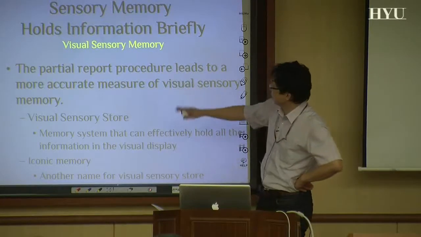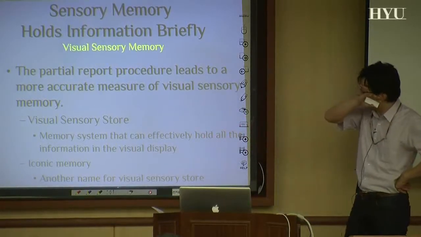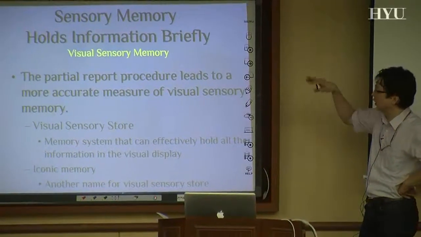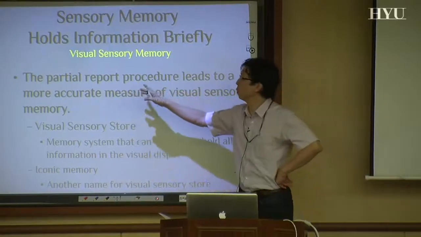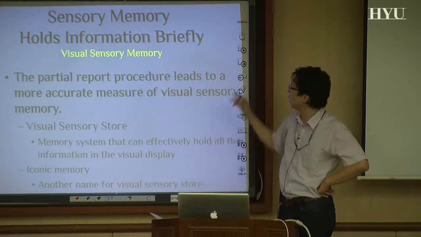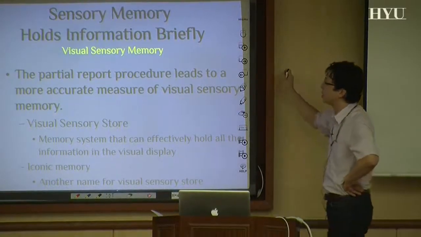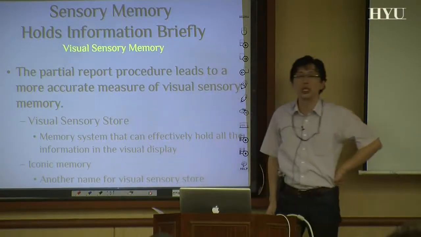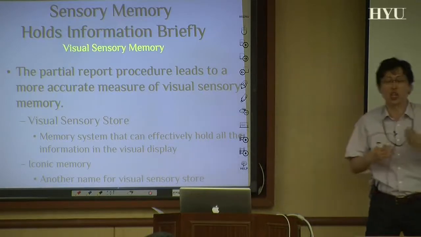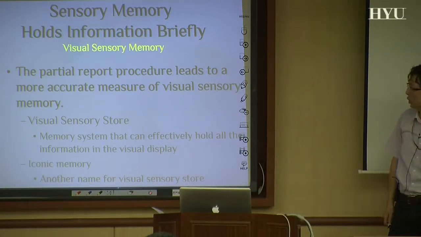So what I summarized from our chapter, John Anderson, was: sensory memory holds information very briefly, and the partial report procedure done by Sperling leads to a more accurate measure of visual sensory memory, and visual sensory memory and iconic memory are the same, interchangeable words.